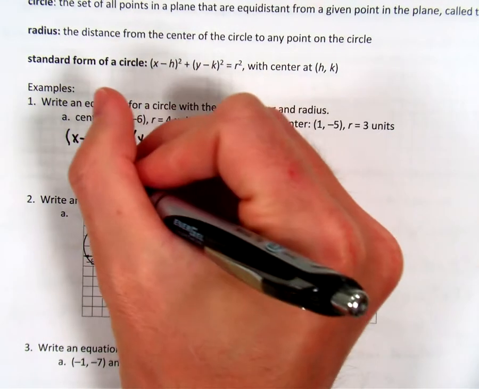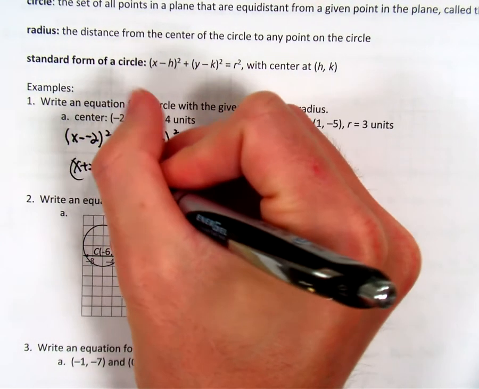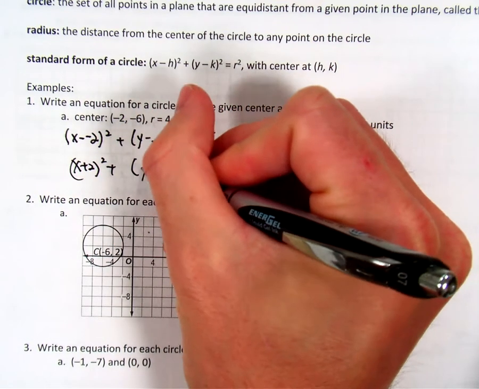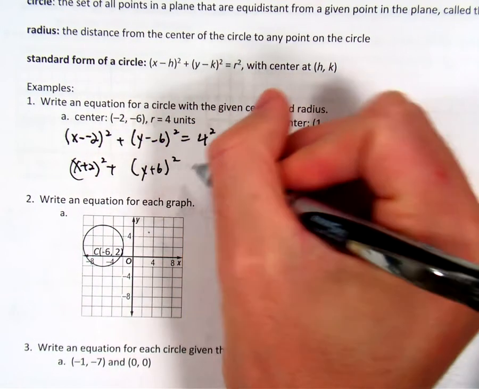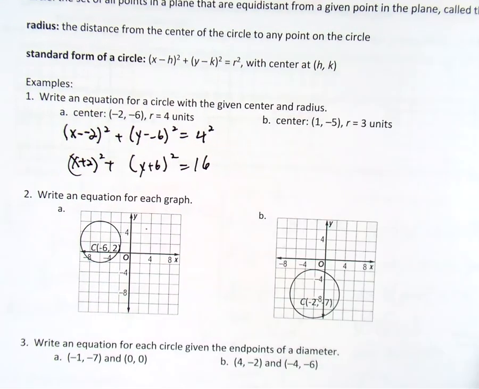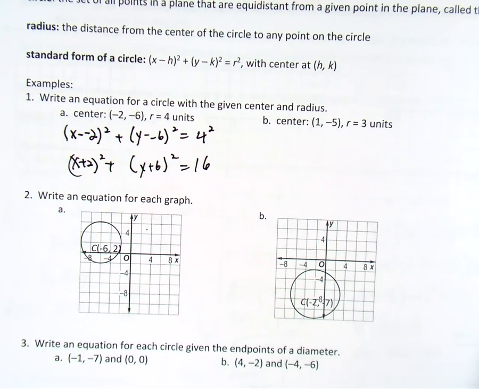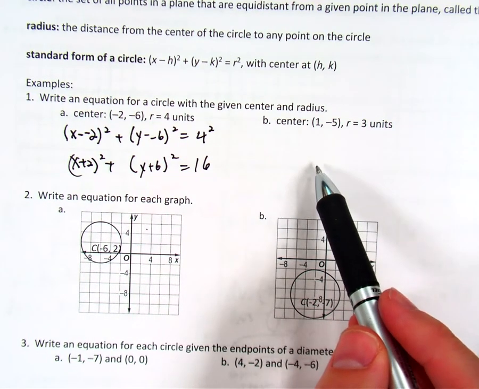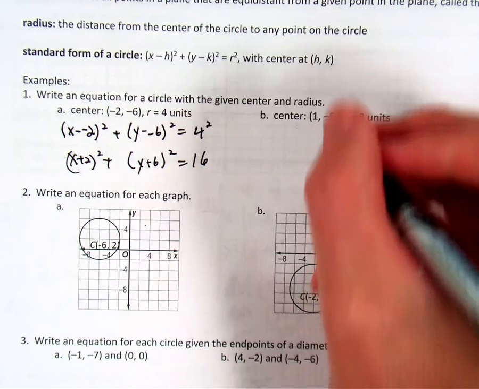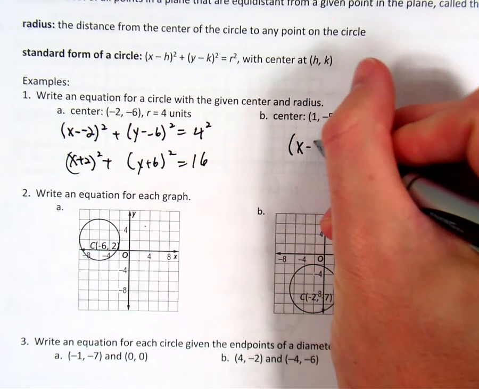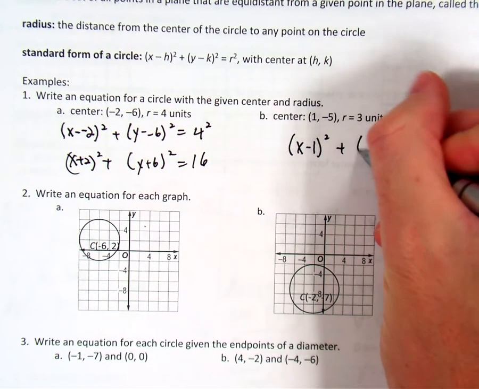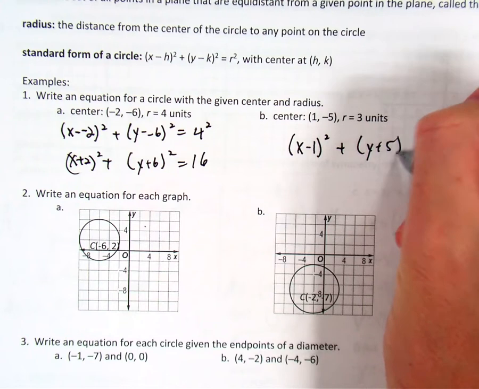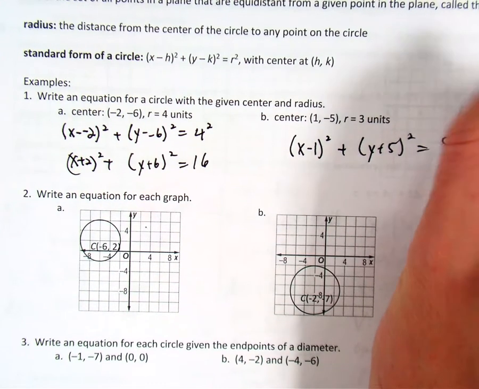Okay, so you can see this is going to be x plus 2 squared, y plus 6 squared equals 16. Okay, once you hit pause, we'll try that one real quick. Okay, over here we should have x minus 1 squared, y plus 5 squared equals 3 squared, which is 9.